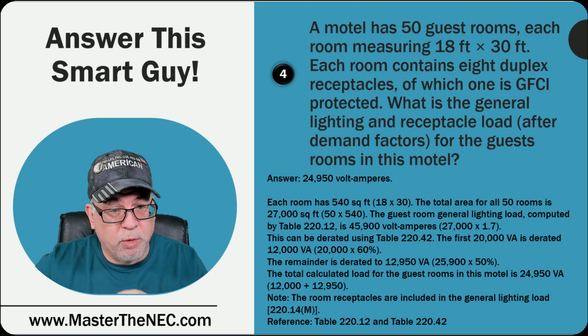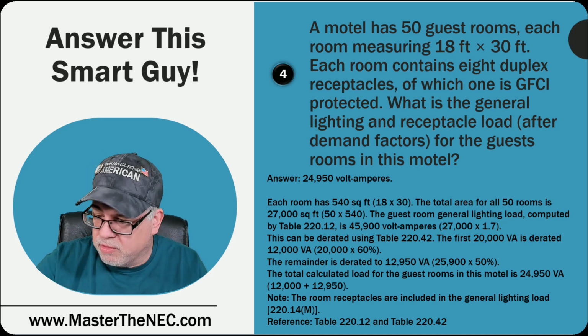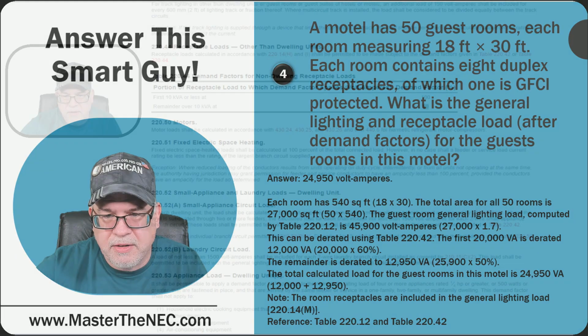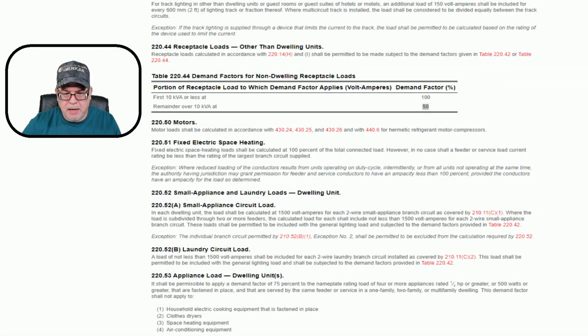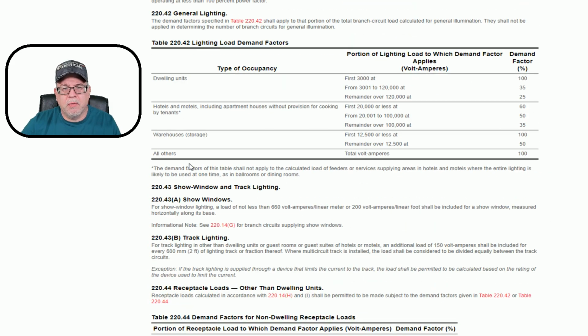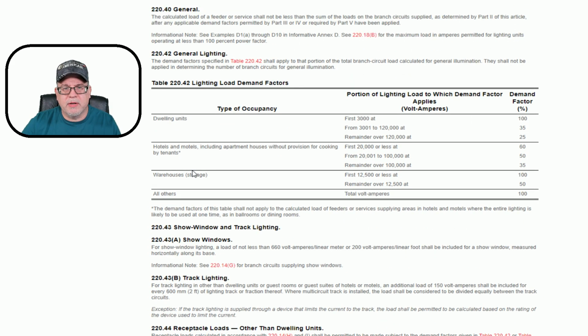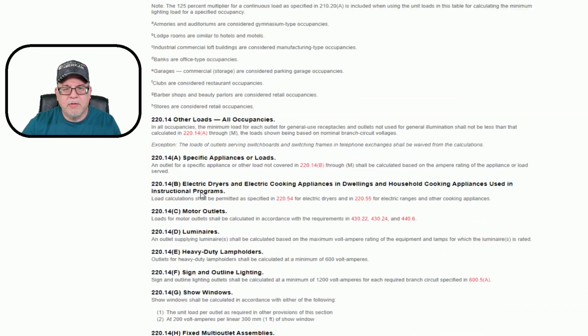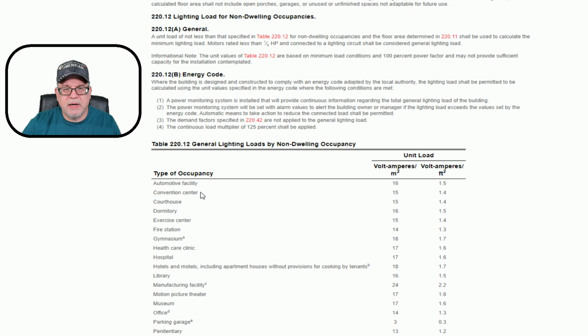Okay, so again, we're doing general lighting and receptacle loads. So let's go to the NEC and we're going to work this. So here we are. I've got to go to 220.12. Make sure I get my bearings right here. Okay. So in your code book, you're going to go back to 220.12.